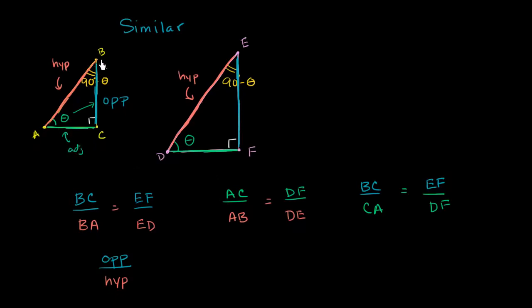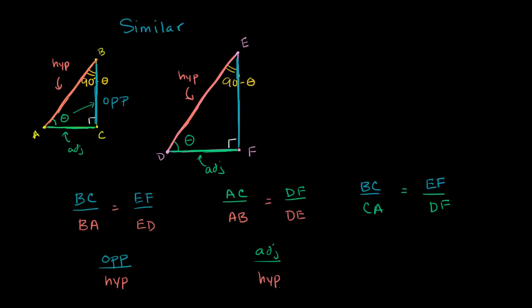This is opposite angle B, but we're only thinking about angle A right here, or the angle that measures theta, or angle D. Relative to angle A, AC is adjacent. Relative to angle D, DF is adjacent. So this ratio right over here is the adjacent over the hypotenuse. And it's going to be the same for any right triangle that has an angle theta in it.